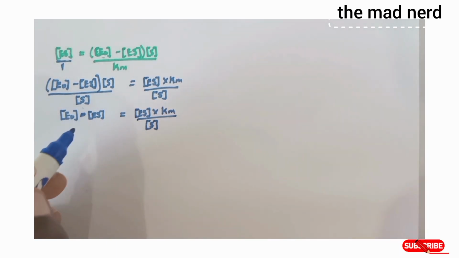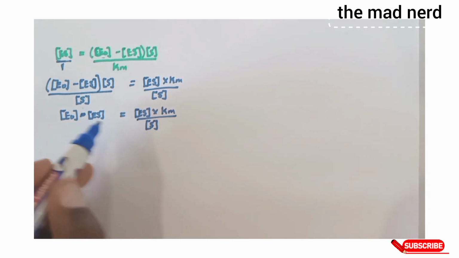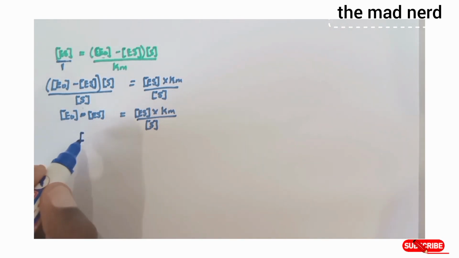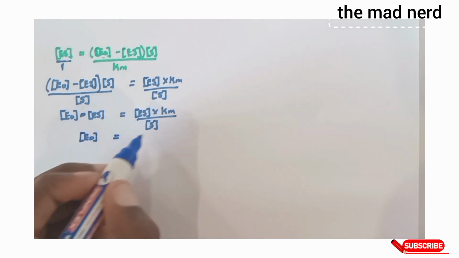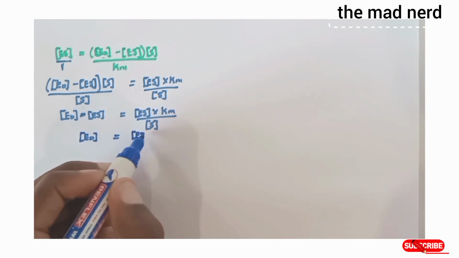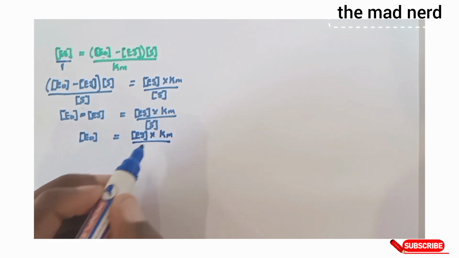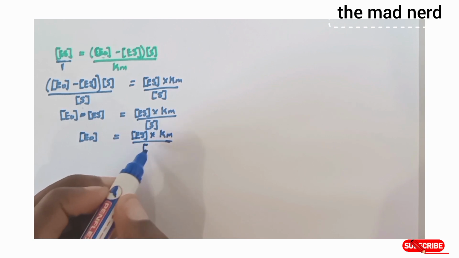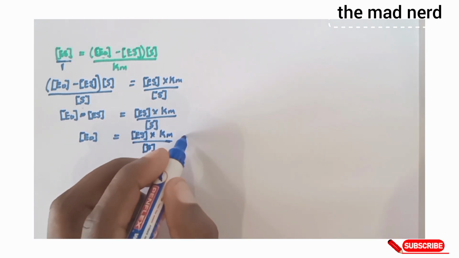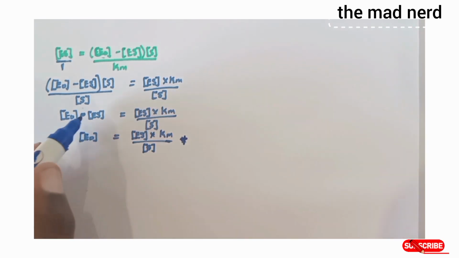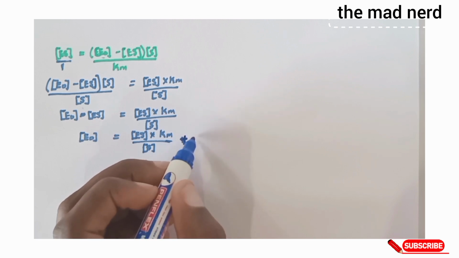So now it's easier for us to transpose this by adding the concentration of ES on this side and that side.